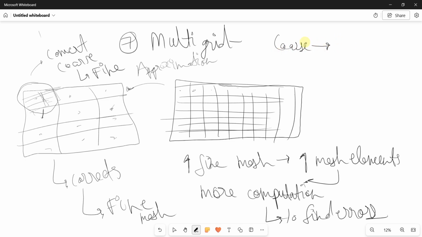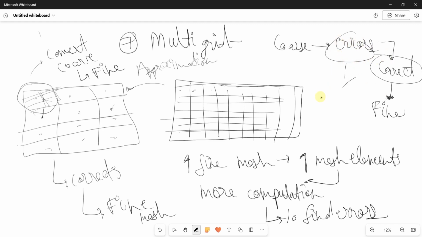So what you do is you convert into coarse, then you calculate errors in these coarse meshes, you correct them and then convert back into fine mesh, right? And these errors and corrections are distributed into the smaller ones that exist inside the coarse ones, right? So this is multigrid.